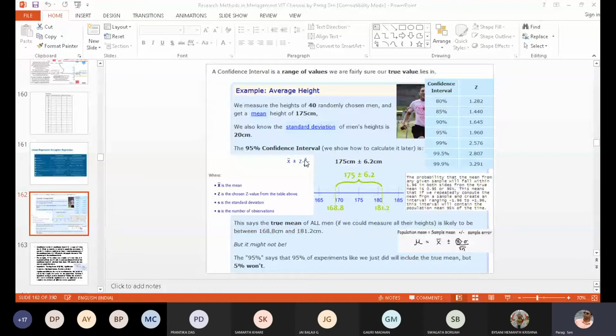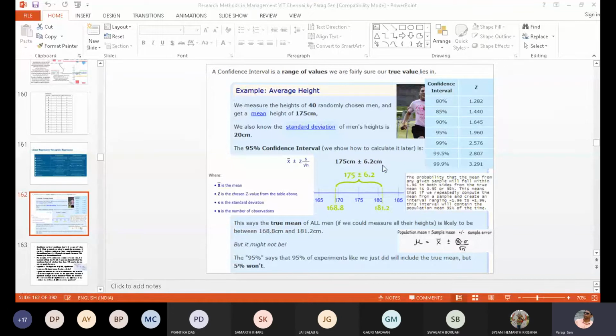You put in these values and the Z value. What will be the Z value? The Z value will be 1.96, because for a 95% confidence interval, the value of Z is 1.96. So you put in these values and calculate the sampling error.